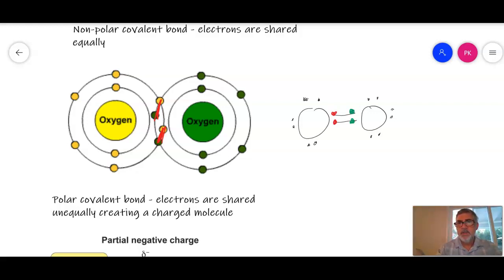So 2, 4, 6. Oh, sorry, I wrote that wrong. There we go. That makes sense. All right. So 2, 4, 6, 8. 2, 4, 6, 8. So now they both have 8, and it's stable. So this is nonpolar because each oxygen is just as strong as the other.